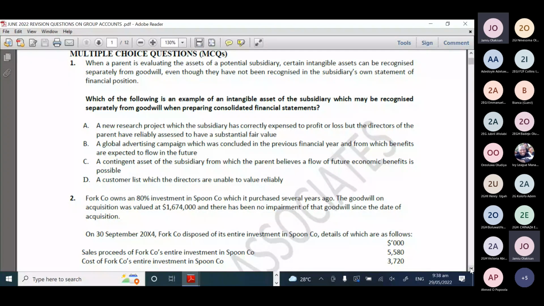The first column was where I put the process, the column on the extreme right. Then when I get to net asset of the subsidiary at the date of disposal, I use the first column. I put that as positive.